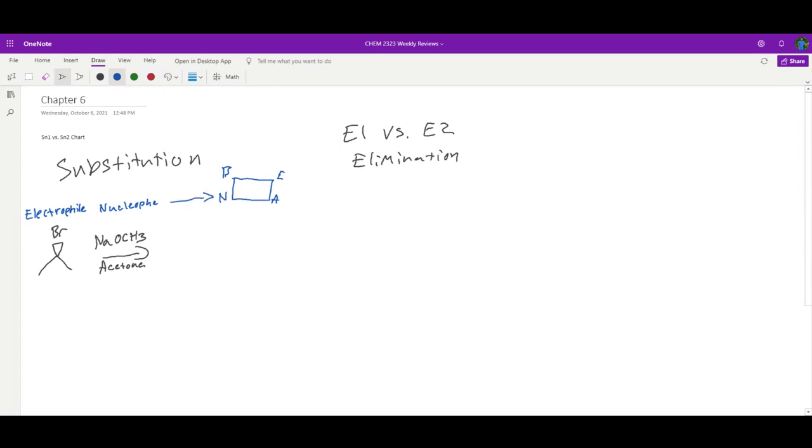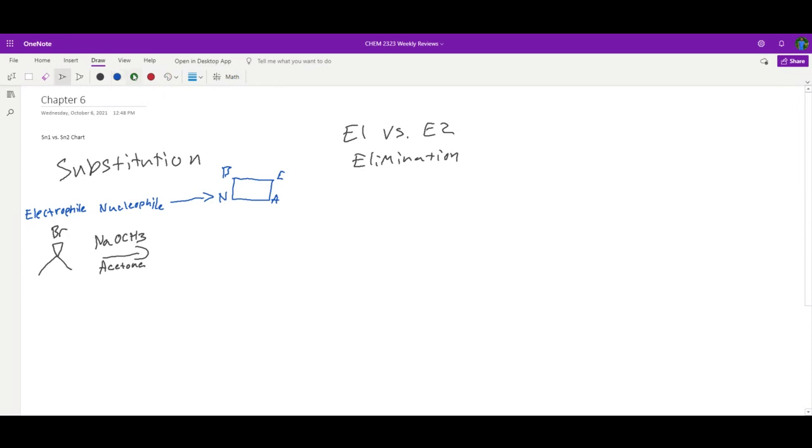The N stands for nucleophilicity. Nucleophile means nucleus loving, which is not a very good definition, but phile means loving. So the electrophile and nucleophile are your two components, and you combine them to get your product.